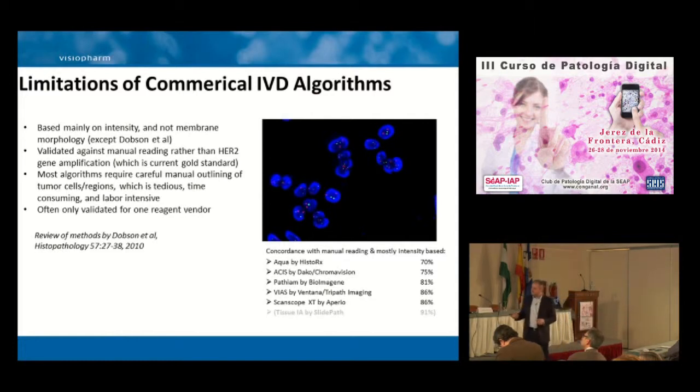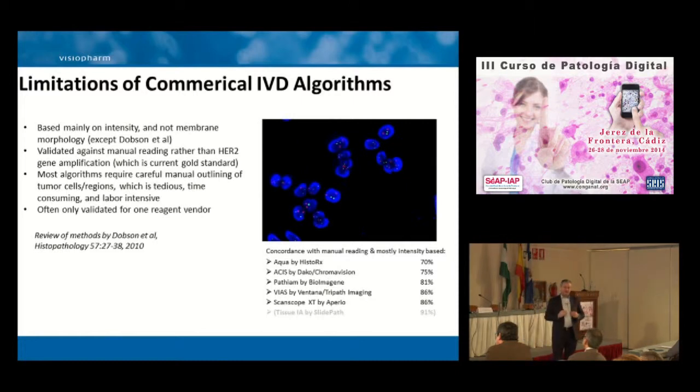And there's an excellent review paper by Dobson from 2010 that is reviewing all these different commercial algorithms. And they even listed the performance data from these different algorithms where they have measured concordance with manual reading. And oh, that's one of the problems.